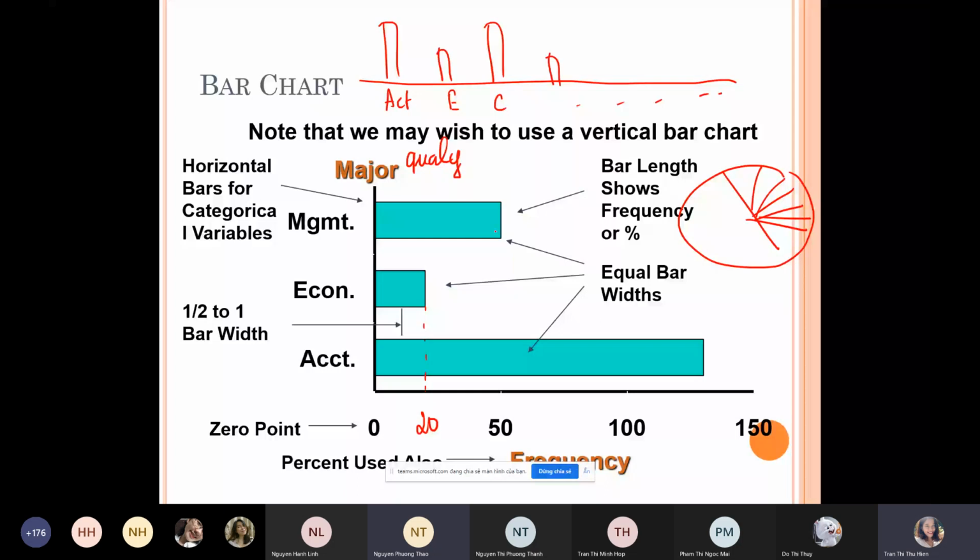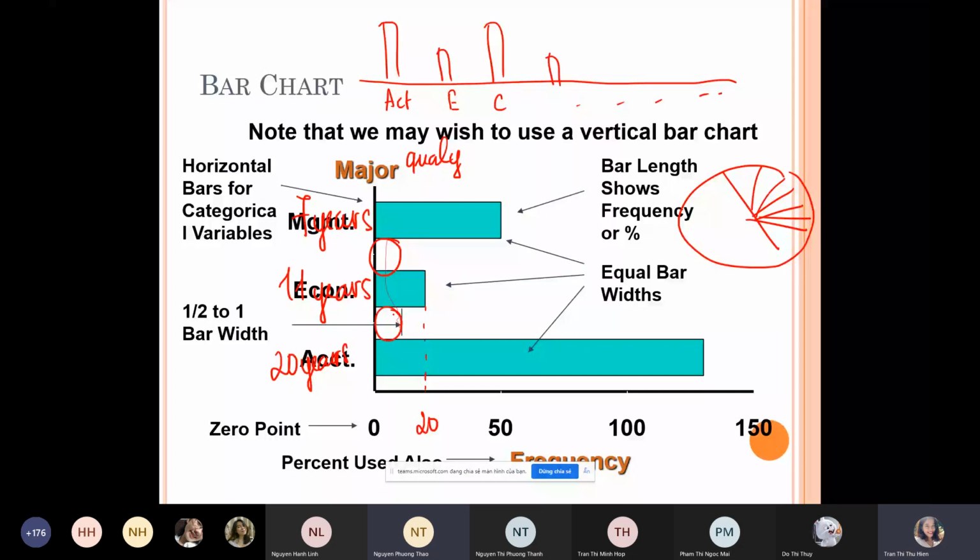For example, 7 years old, 11 years old, and 20 years old. And in this case, we have some space between each bar.